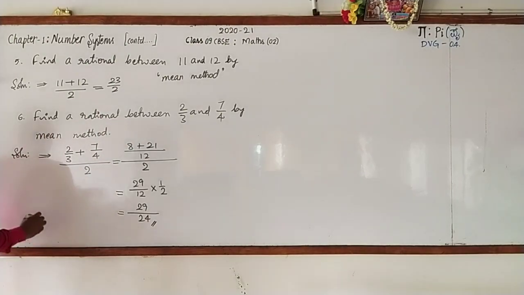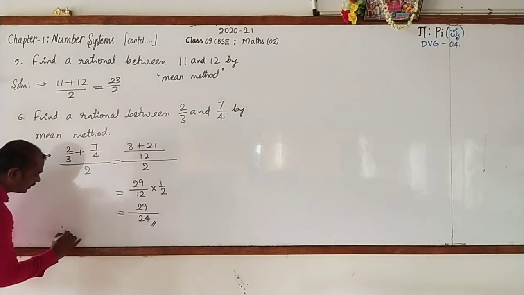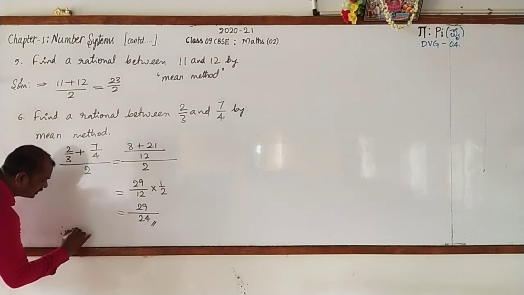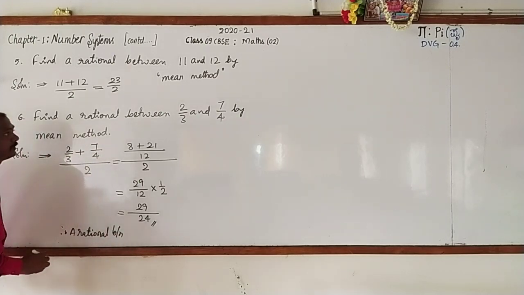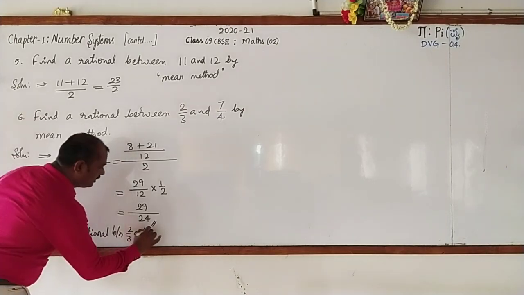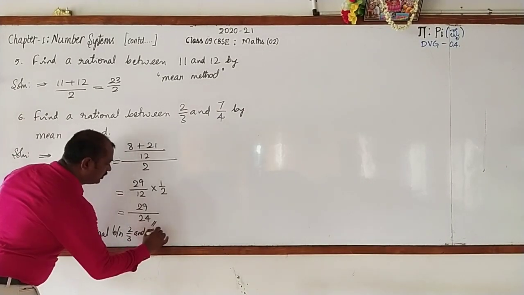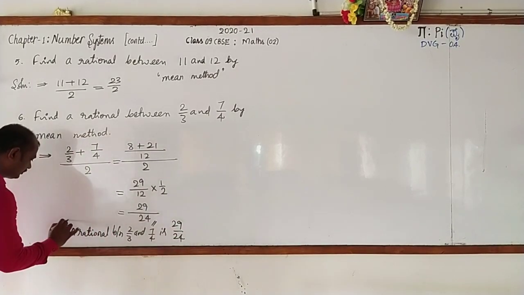Understood? Yes, you may go for copying. Here I write the conclusion. Therefore, a rational between 2 by 3 and 7 by 4 is 29 by 24.